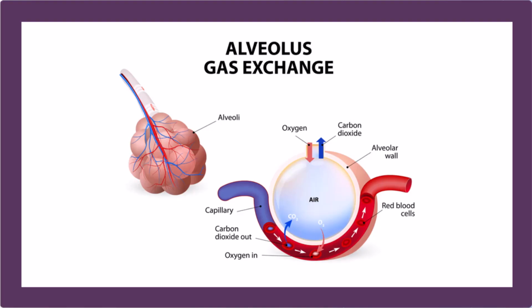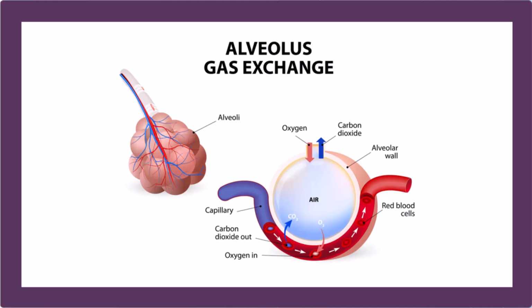The body essentially speeds up ventilation to blow off excess carbon dioxide. When carbon dioxide levels drop too low, the opposite happens. Breathing becomes slower and more shallow in order to retain carbon dioxide. When breathing becomes excessively rapid and deep, we call it hyperventilation. When breathing becomes too slow or shallow, we call it hypoventilation.